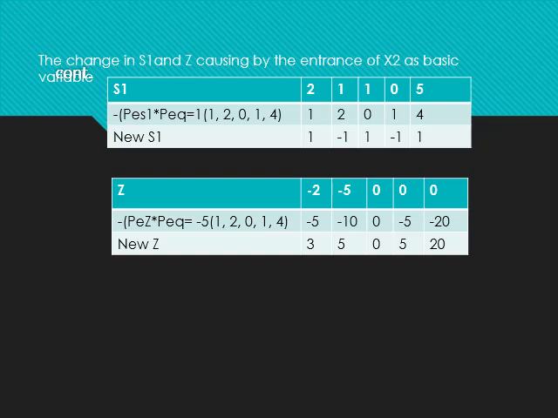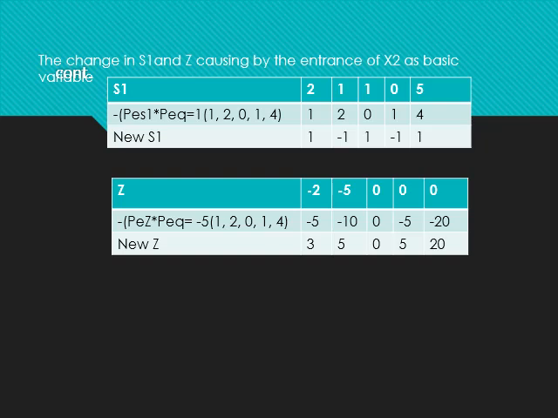Now, copy the values of S1 as given in the primal table: 2, 1, 1, 0, 5. Now find the result of multiplication of the pivot element of S1 by the pivot equation.